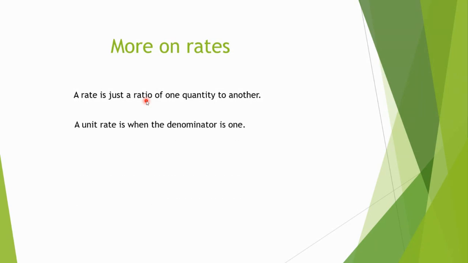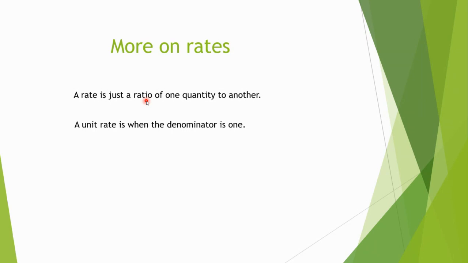And in particular, we have what's called a unit rate. A unit rate is just when the denominator is 1. So as I just said, you're driving a car 25 miles per hour, meaning per 1 hour. Usually if you see "per" in there, like per something, that usually tells you it's a rate.